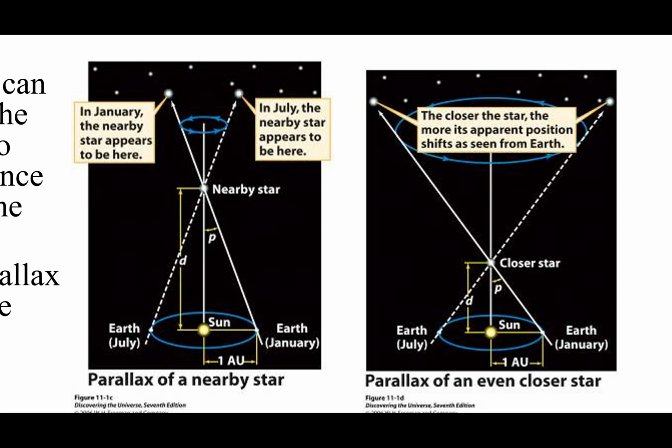I'll call this one A and this one B. The star of interest is here, and here. My question is, which one moves the most against the background? How many people think A moves the most against the background stars? How many people think B moves the most?